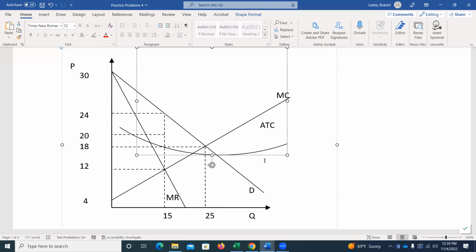So when we had a perfectly competitive market, we'll draw that out first. Let's say I've got my perfectly competitive market, I've got my marginal cost, and the equilibrium price is my marginal revenue, and let's say here's my average total cost curve. I need to shift my supply curve a little bit.